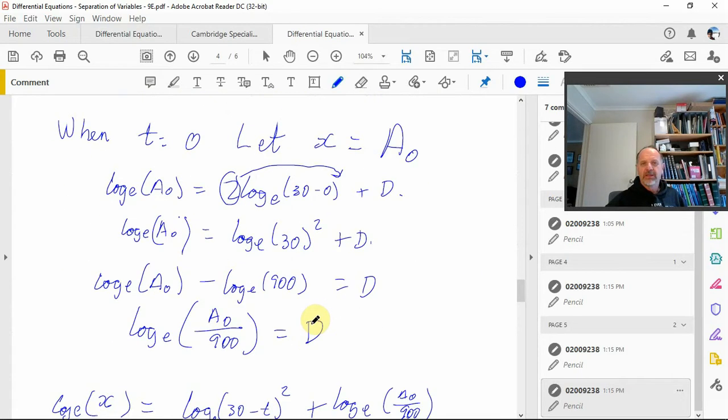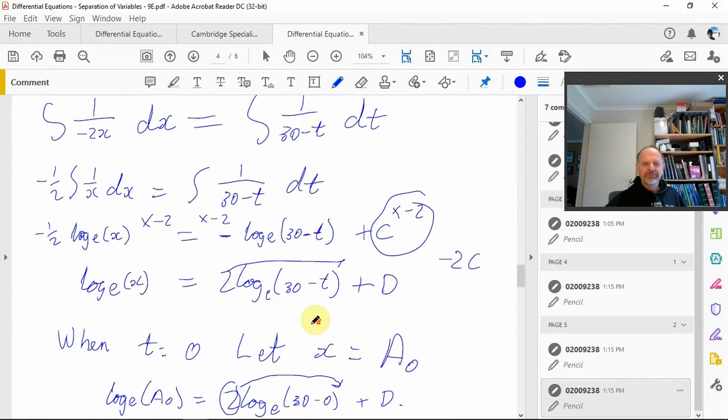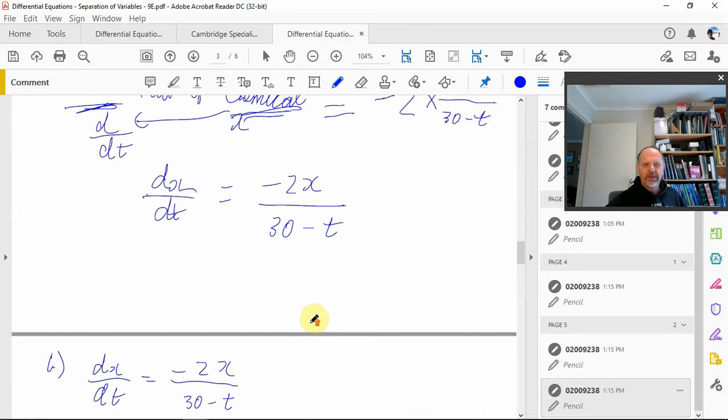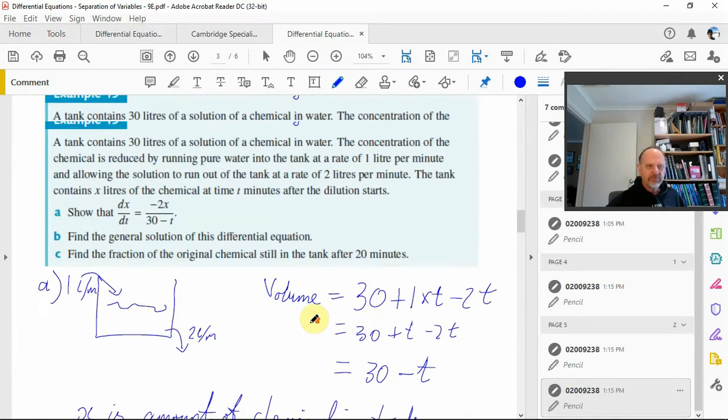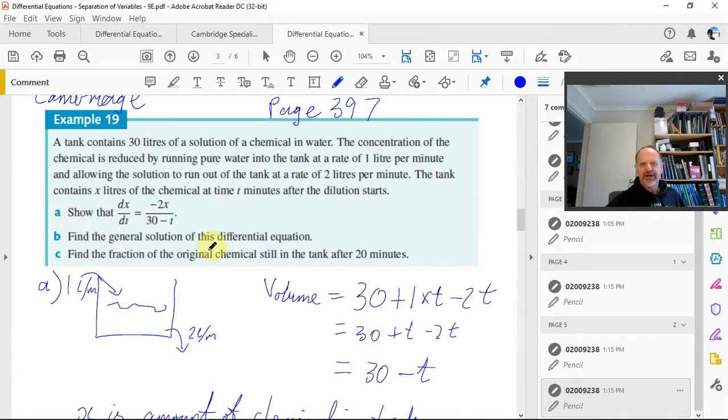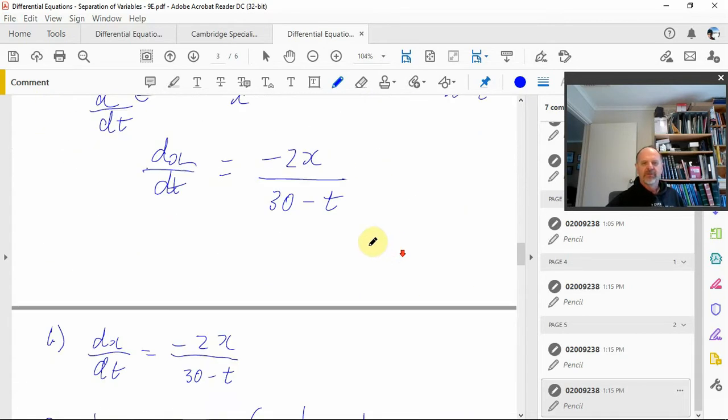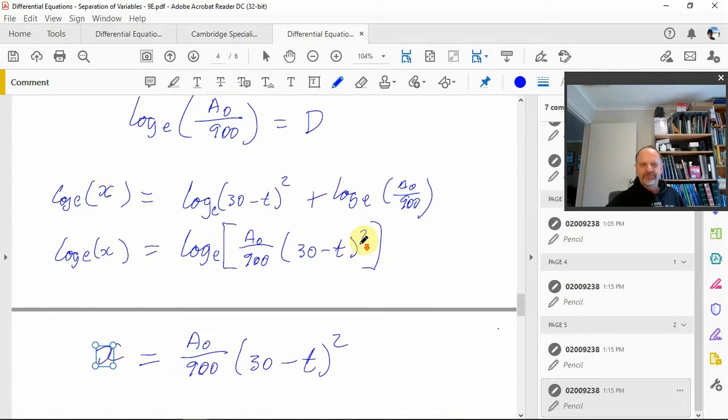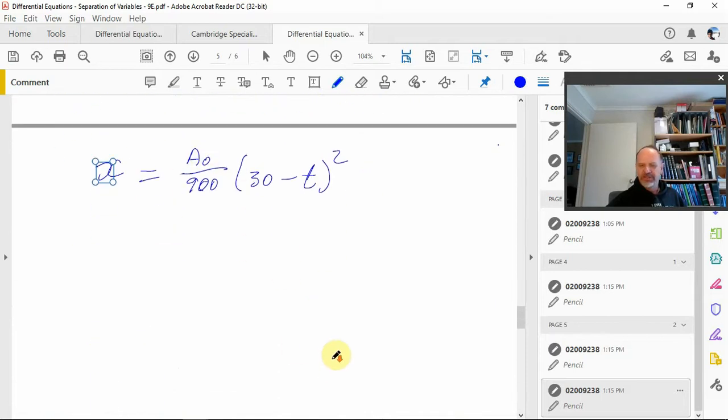All right. Then up here, part C says find the fraction of the original chemical still in the tank after 20 minutes. Remember, A0 is the original amount of the chemical that is in there, and we'll get to that a little later. But time equals 20 minutes.